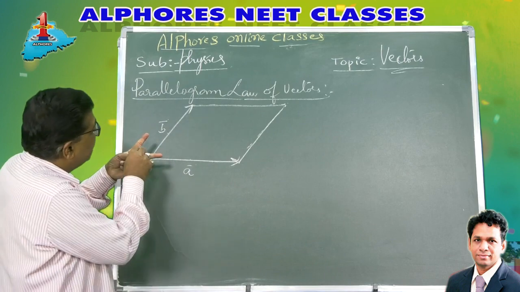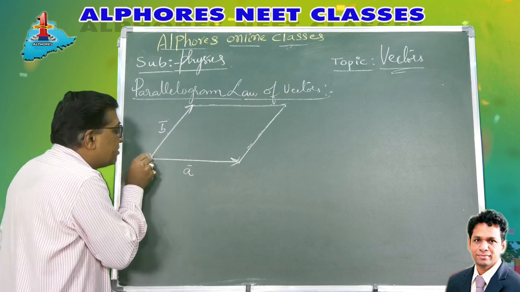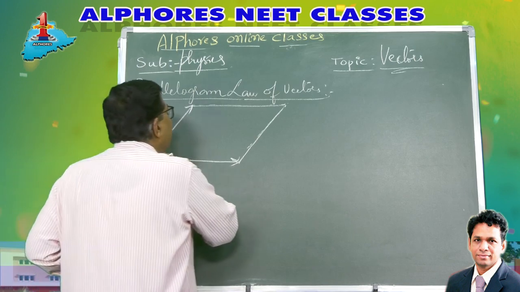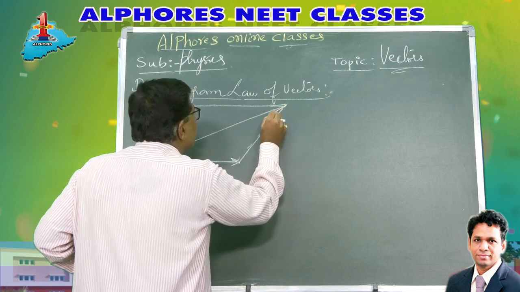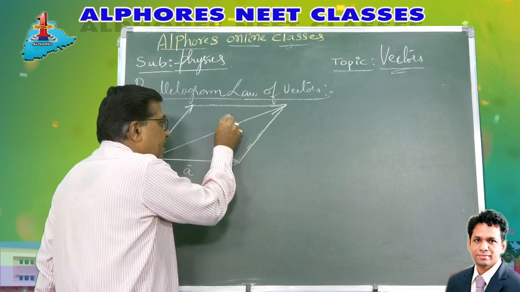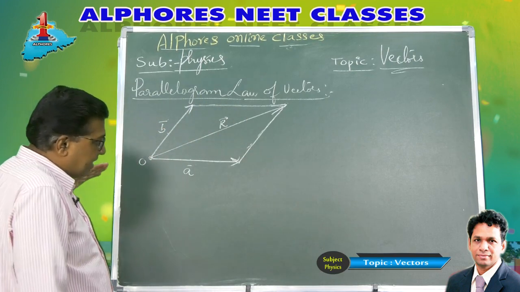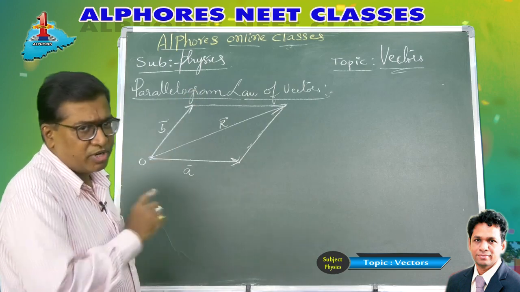I said two co-initial vectors starting from the same point. The diagonal of the parallelogram passing through the same point represents the resultant vector. Right? So A passes through O, B passes through O, and the resultant will also pass through the same point O.